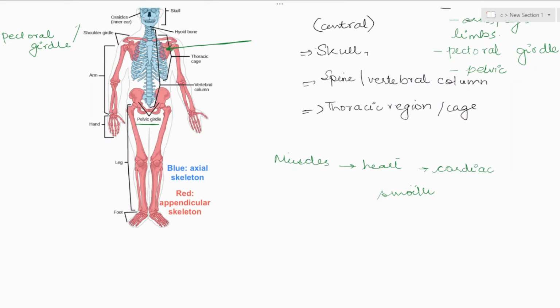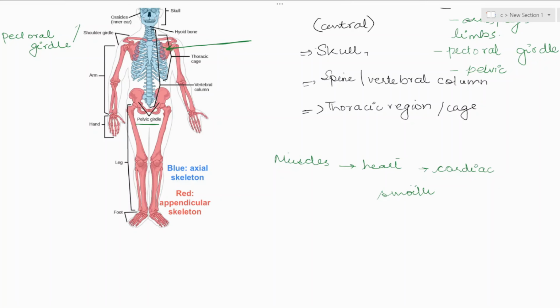Okay, how are muscles joined? By the tendons. Good, that you know. So the connecting medium for bones is the ligament.